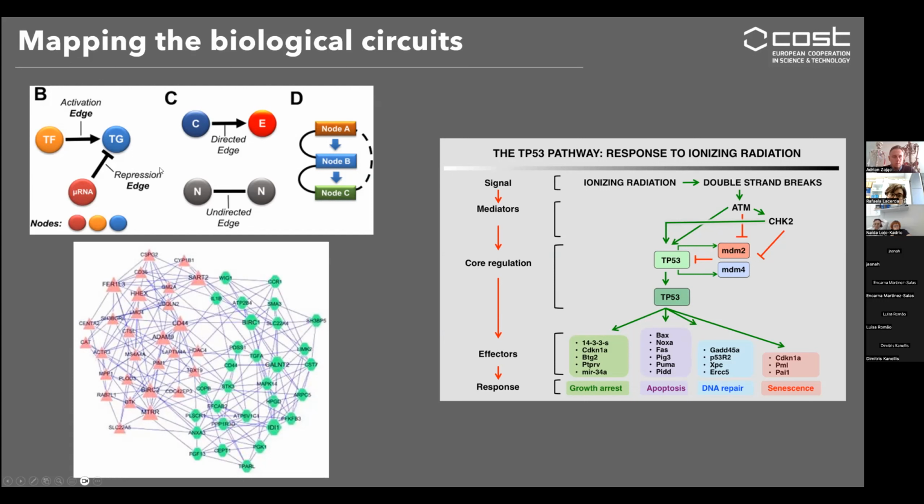If you think of protein-protein interaction, then an edge would be the fact that protein A interacts with protein B, simply. If we think of this in terms of regulation, you might think that an RNA binding protein is actually binding to an mRNA or to a non-coding RNA to regulate its expression or its translation.